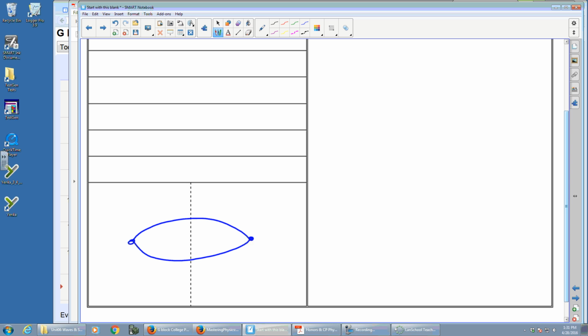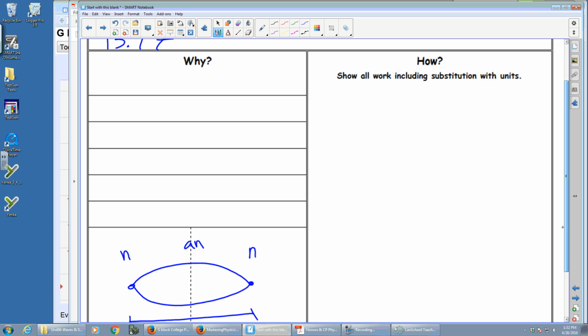It would have the two antinodes rather than just the one. Remember, you have node, antinode. But again, we have half lambda equal to L there. And the last problem.